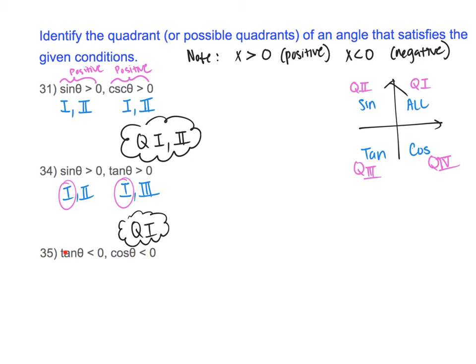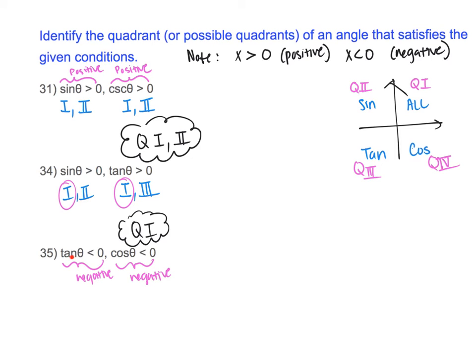Okay, and then the last one says when tangent is less than 0. That means this is a negative value, right? And it also says when cosine is less than 0, so it's also a negative value. Well, how do we do it if we only have this rule that's based off of positive trig functions? What you're going to do is look for where it's positive and then ignore those quadrants, because the other quadrants are where it's negative.